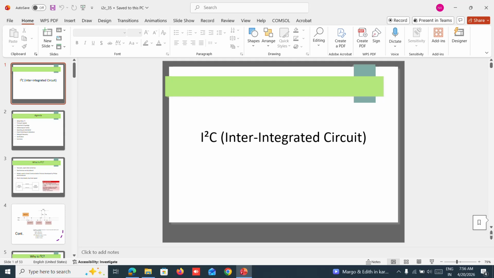Whatever signals are there will be connected on this side, along with the other signals also connected. That is the purpose we are using a protocol.